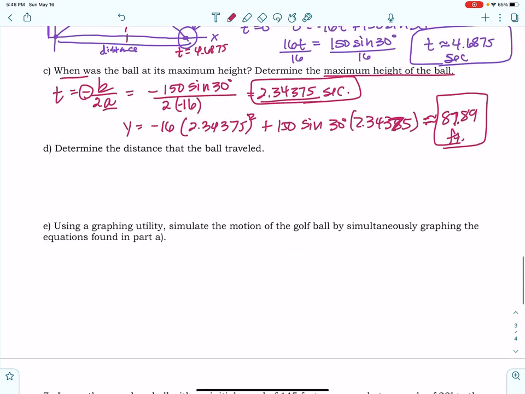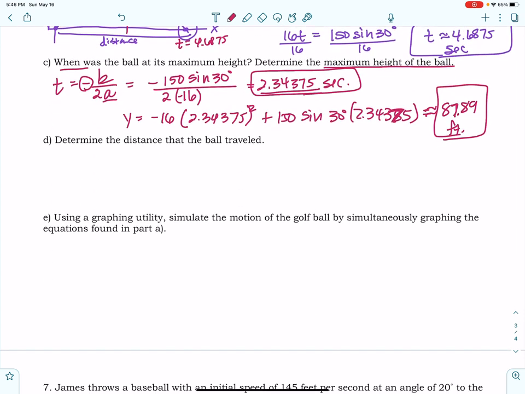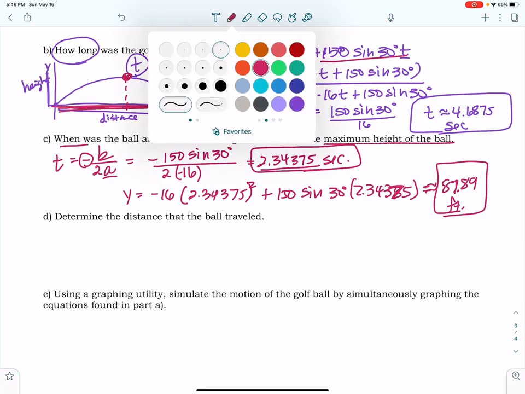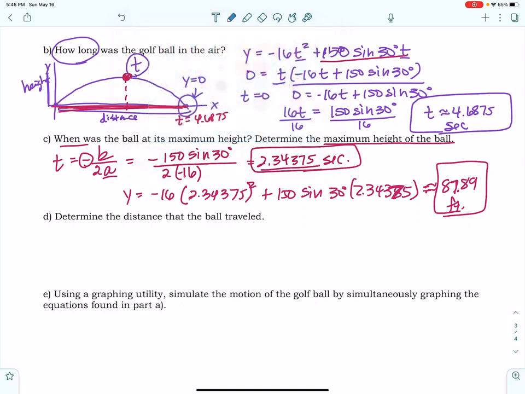Okay, part D, determine the distance that the ball traveled. Okay, so now I want to know this value, right, along the x-axis. So now I want to find what x is when t is at 4.6875. I know how long the ball was in the air, but what distance did it cover during that time?